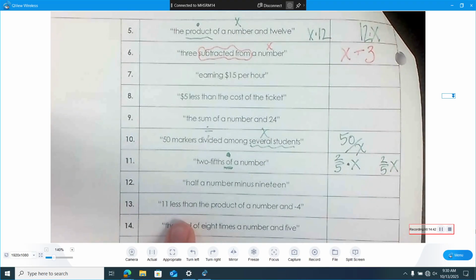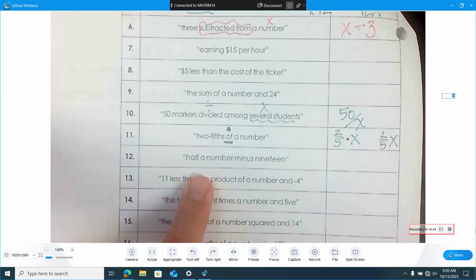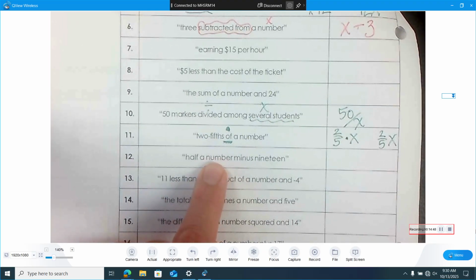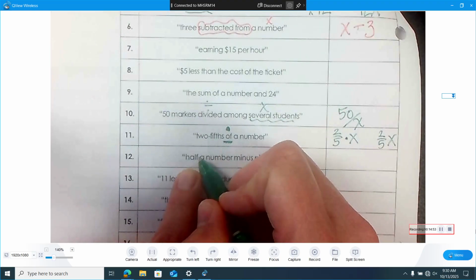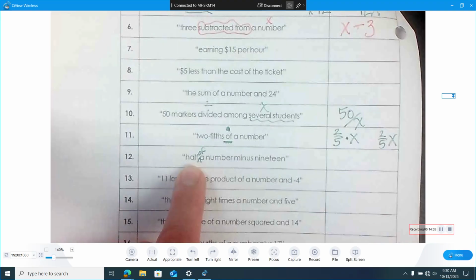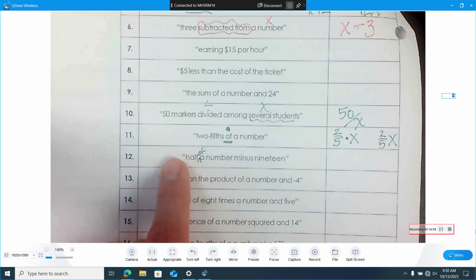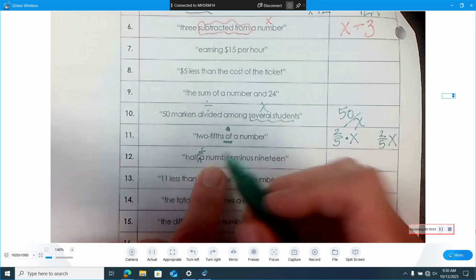Number 12. Half a number. I could put in a word, half of a number, minus 19. What should we write for half of a number?